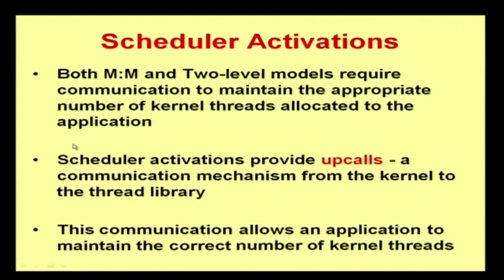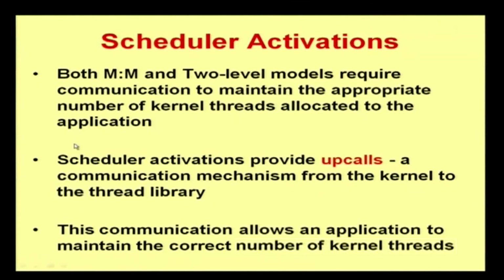Similarly, for each thread to be mapped with a kernel thread in the many-to-many case, this has to be scheduled by the CPU. So how does it do that? That is called scheduler activation.